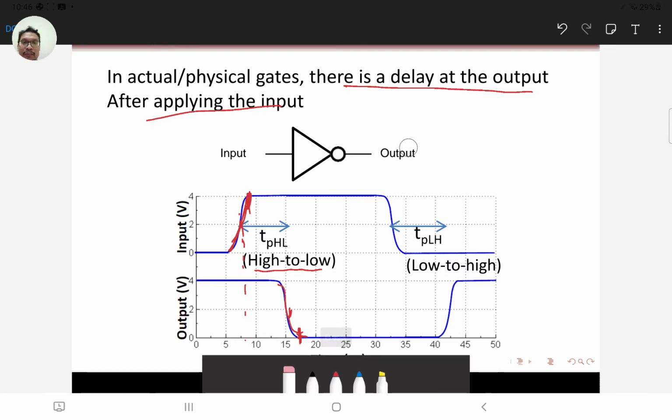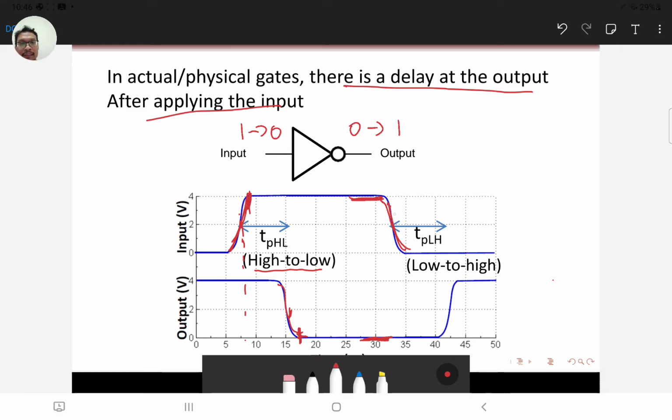Looking at the low to high propagation delay, for example I have a 1 on the input, and obviously we're going to get a 0 on the output of the inverter. Now if I give a 0, when are we going to get a 1 on the output?